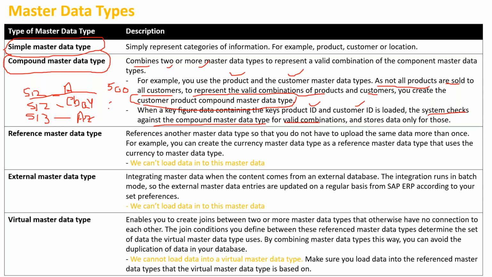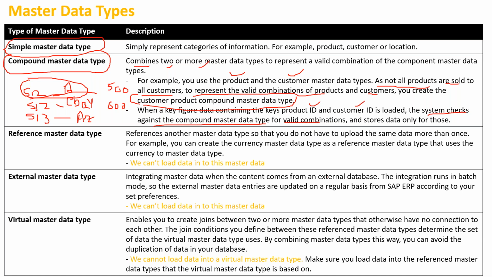But if I'm selling it to eBay, it's $600, because with Amazon I have a tie-up. So the attribute called selling price changes based on a valid unique combination of product ID and customer ID. That's why some attributes have to be part of a compound master data type. Okay, so that's the whole point.